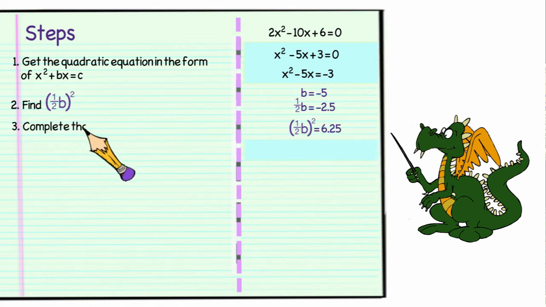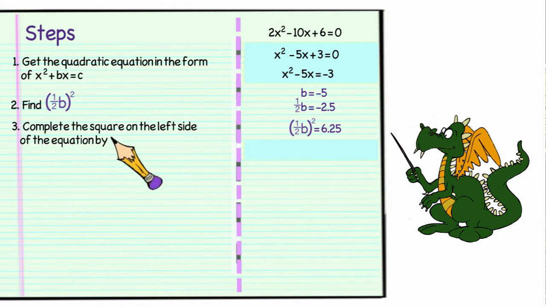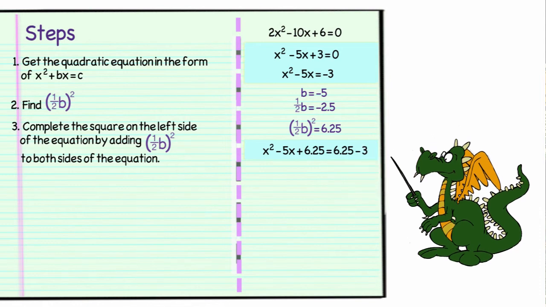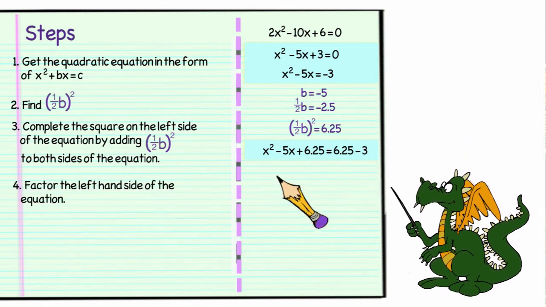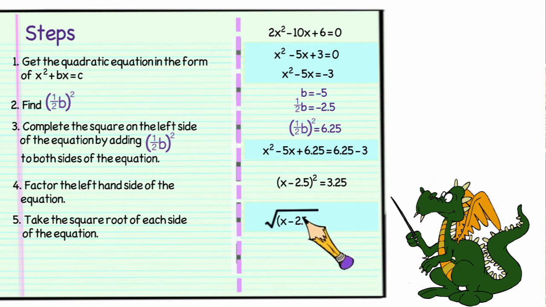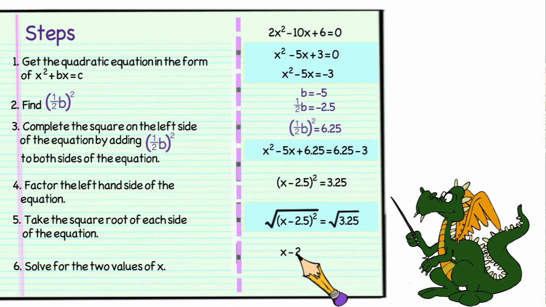We complete the square on the left-hand side by adding (1/2 b) squared to both sides. Then we factor the left-hand side. We take the square root of both sides of the equation. And we solve for the two values of x.